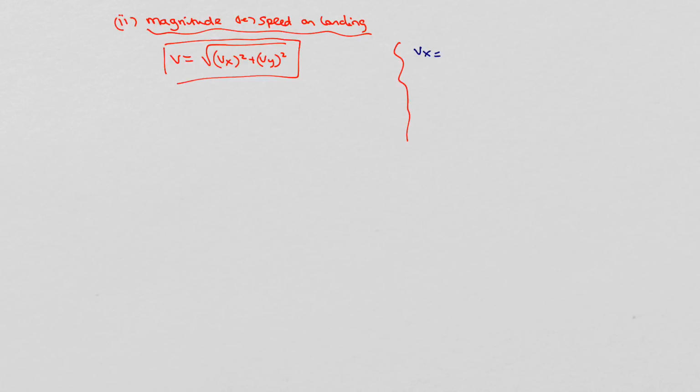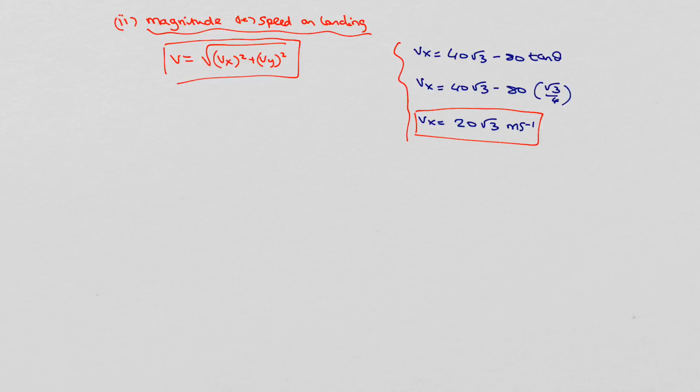And we have Vx is 40 root 3 minus 80 tan theta. But of course we worked out tan theta there to be root 3 over 4. So 4 goes into 80 20 times, and we're left with 40 root 3 minus 20 root 3, which is of course 20 root 3 meters per second.